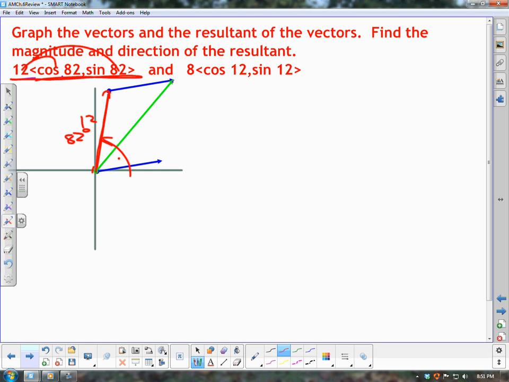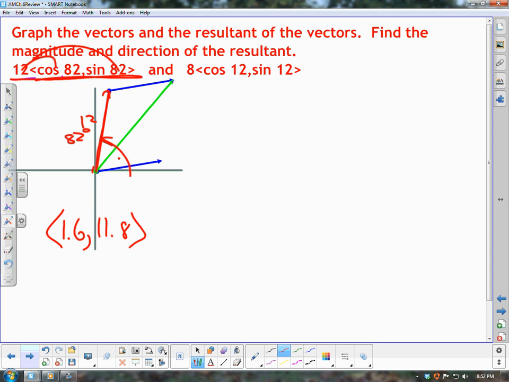So to figure out what that vector is, you would multiply 12 cosine of 82, which is 1.6, and 11.8, because you take 12 times cosine and 12 times sine of 82.